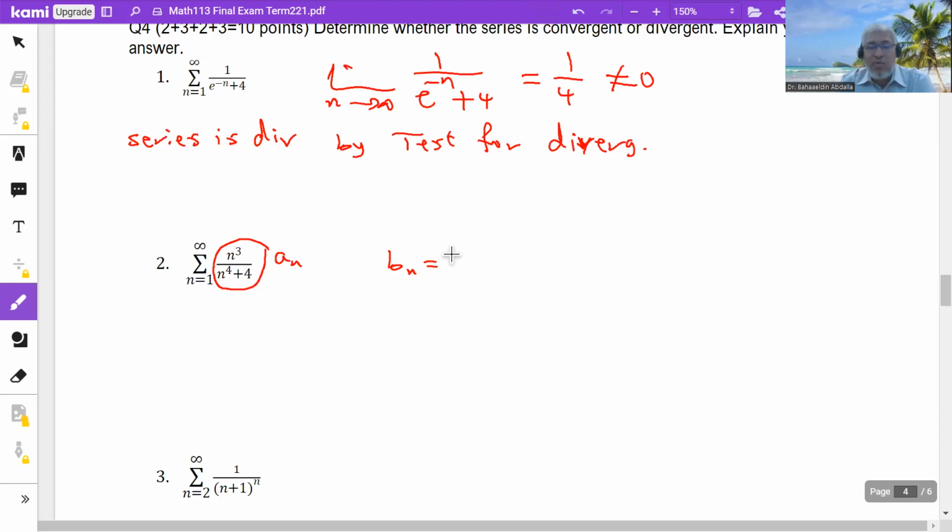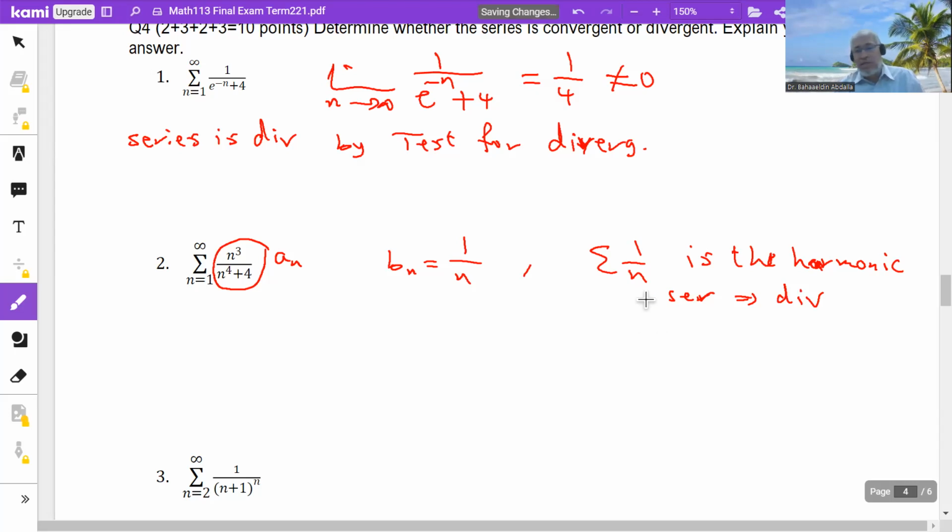And then n cubed over n to the power 4 would be equal to 1 over n, okay, when you subtract the powers. So b_n, what do we know about summation 1 over n? Well, summation 1 over n is the harmonic series. And the harmonic series is divergent.